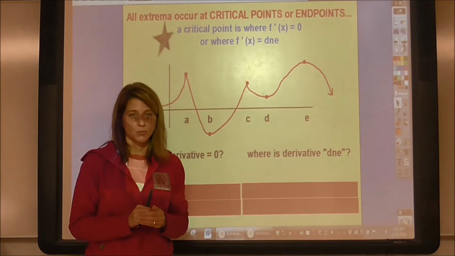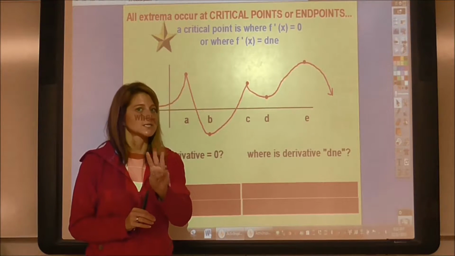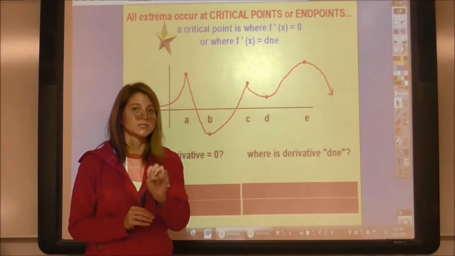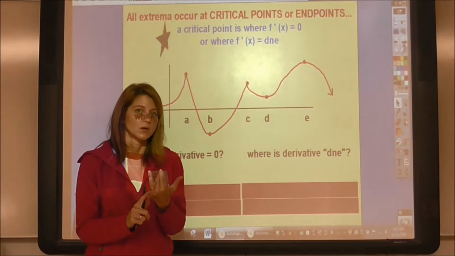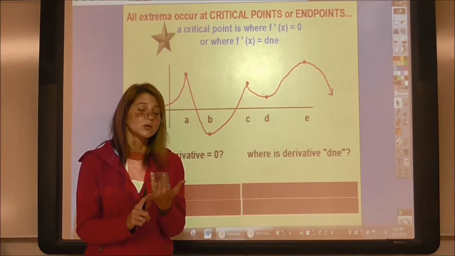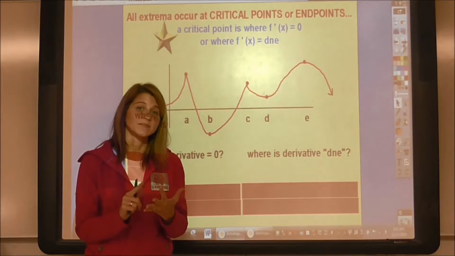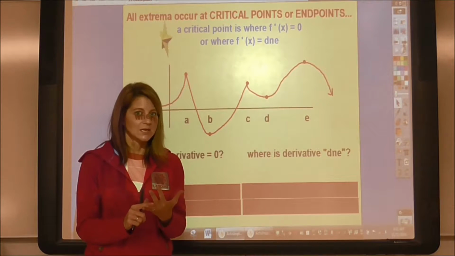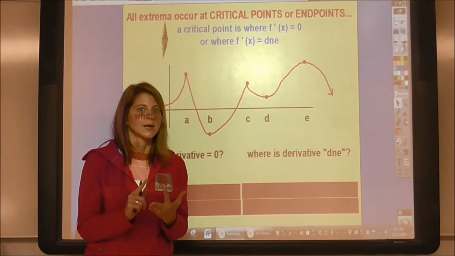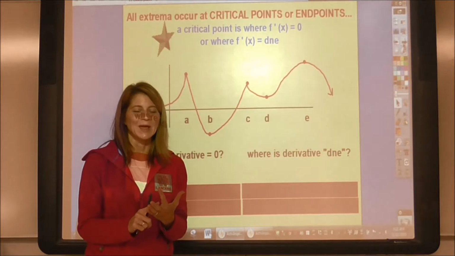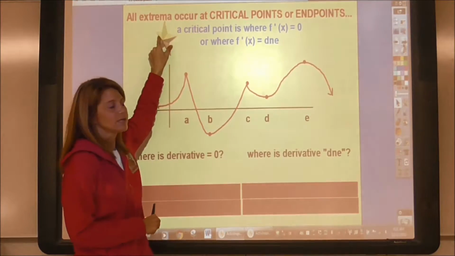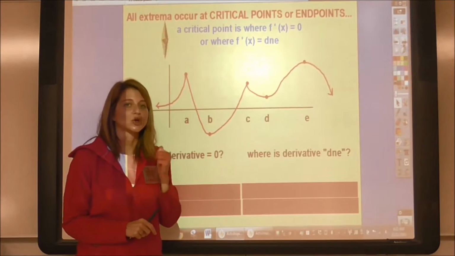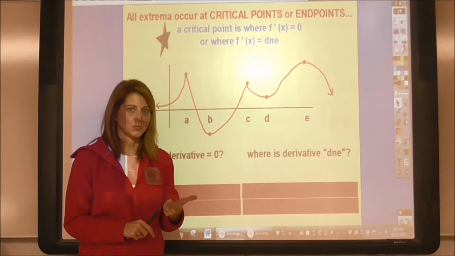Now, how do you find critical points? 3 ways. You got to test all 3. Critical points occur when the derivative is 0, which we already looked at. Could also be when the derivative is undefined, and the endpoints. You got to make sure you underline endpoints. That's the one everybody seems to forget. So let me do that one again. All extrema occur at critical points or endpoints.